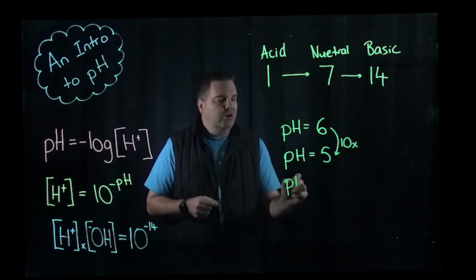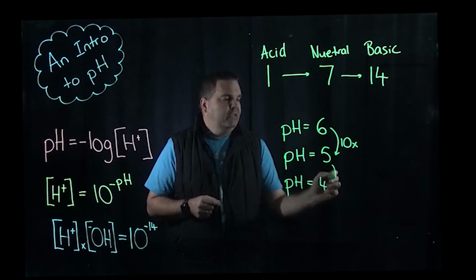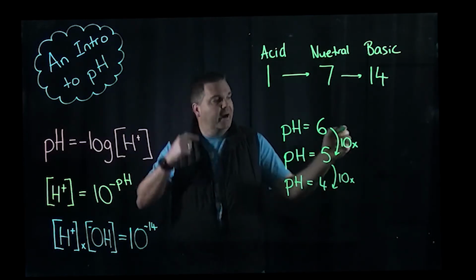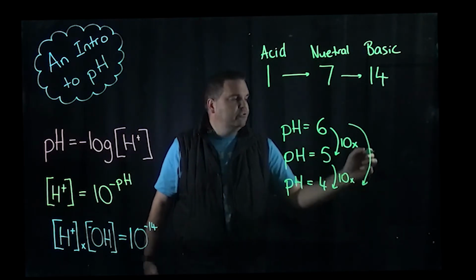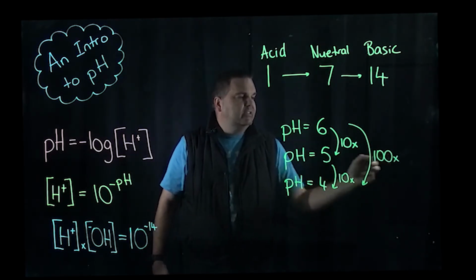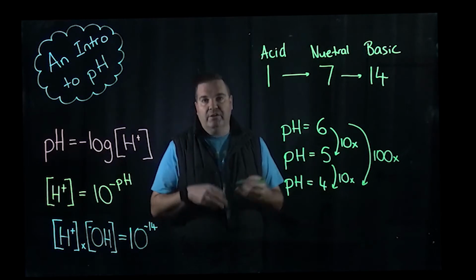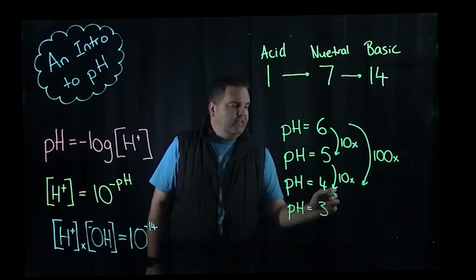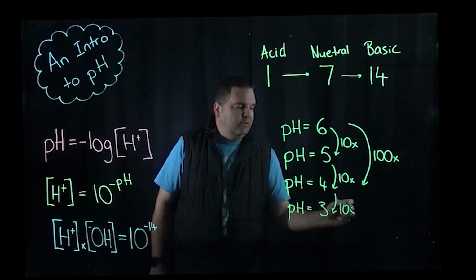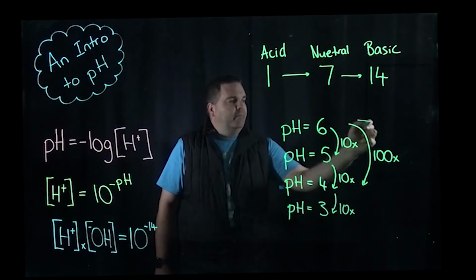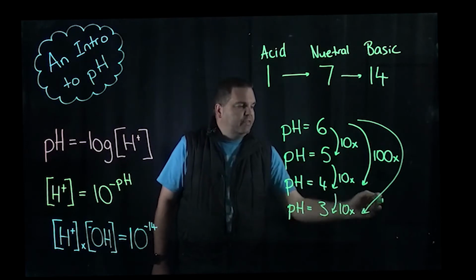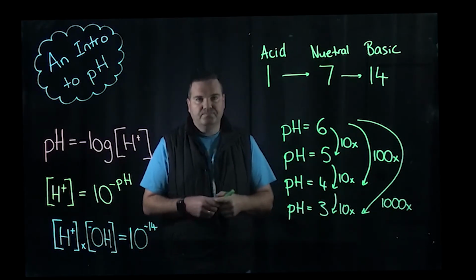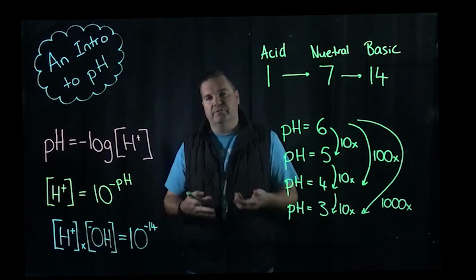Something with a pH of 4 is 10 times more acidic than something with a pH of 5, but it is actually 100 times more acidic than something that has a pH of 6. And you can keep going down, obviously. If you get down to a pH of 3, that's 10 times more acidic than something with a pH of 4, but it is 1,000 times more acidic than something with a pH of 6. So it's all just based upon the logarithm scale.